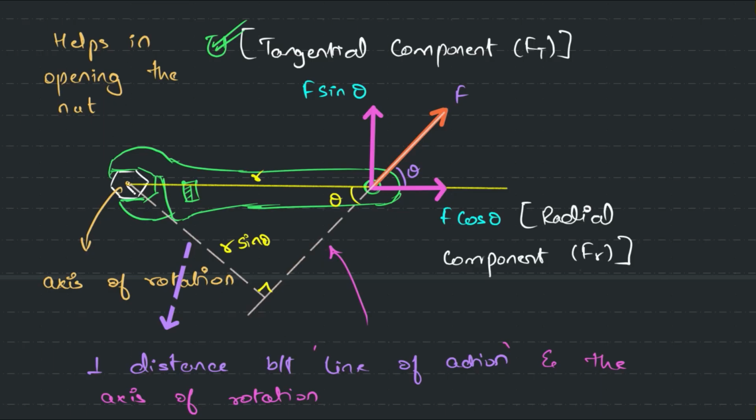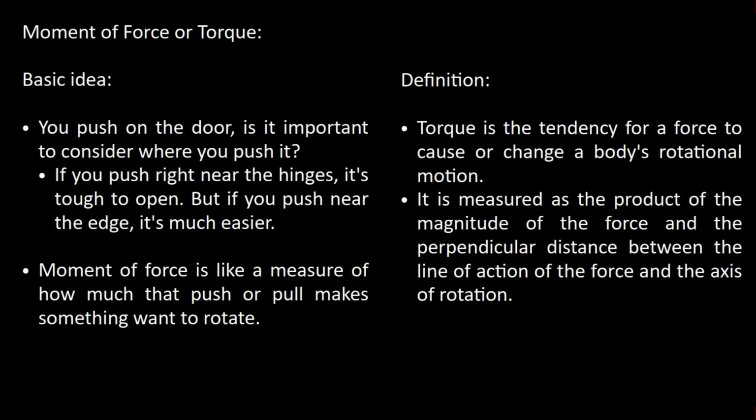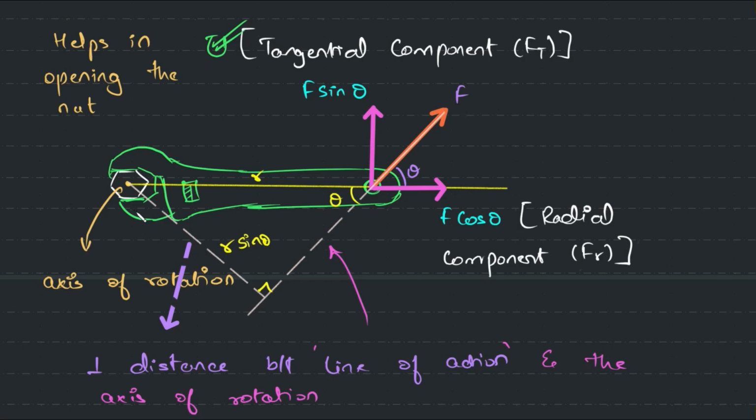Of course, the axis of rotation is coming towards you. I can't draw this. So from the axis of rotation, if I draw a perpendicular line to the line of action, this distance matters. The force and this distance are the key. So torque is a combination of this force and this perpendicular length.